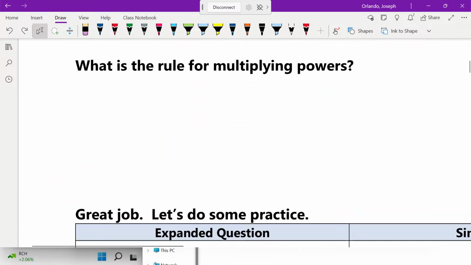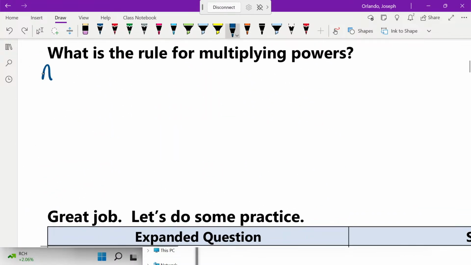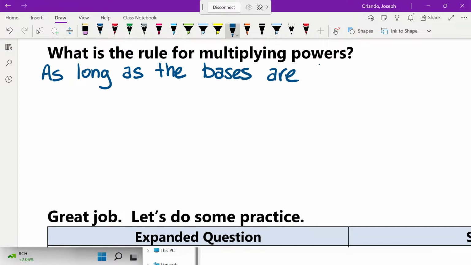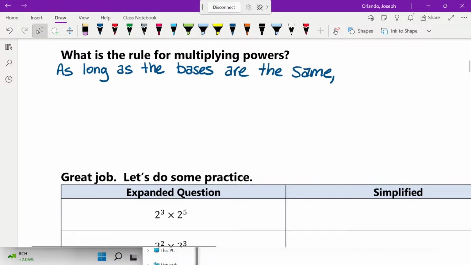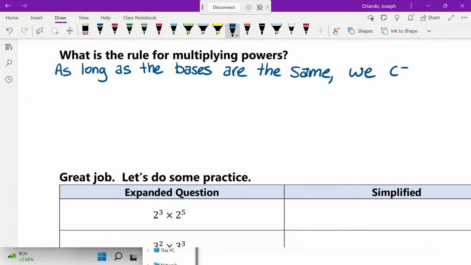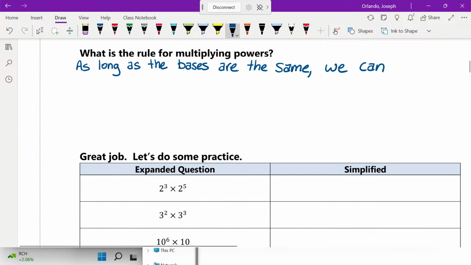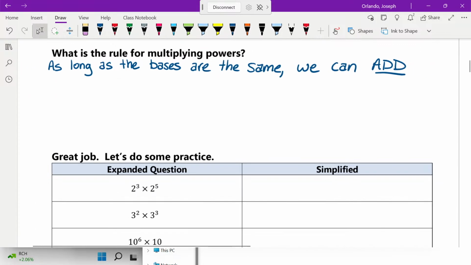So the rule then is, as long as the bases are the same, we can add exponents when multiplying powers.